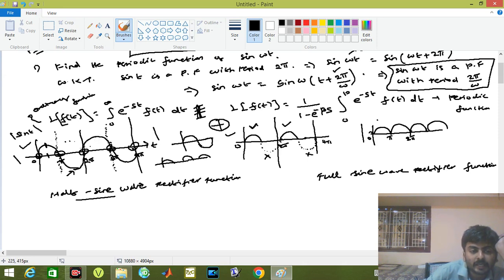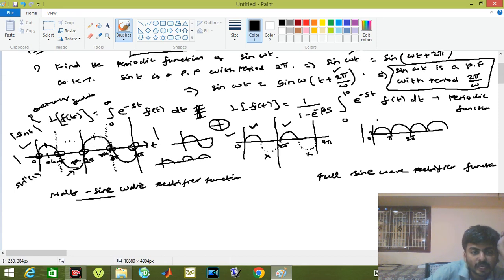Again you will get the same value 1. What will give you the sine inverse of 1? I want to get the sine inverse of 1. For sine pi by 2 you get sine inverse of 1, and it is pi by 2, it is 3 pi by 2, it is 5 pi by 2.